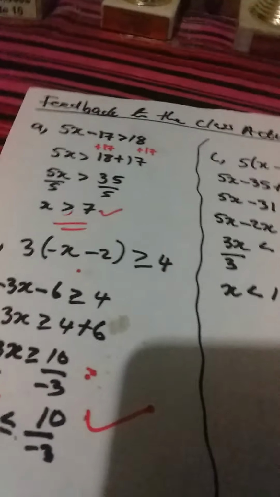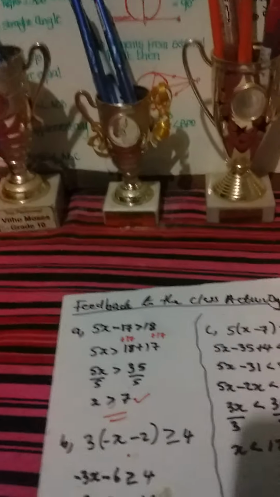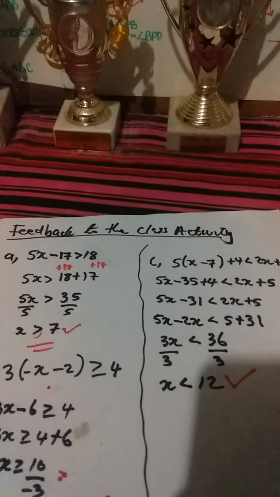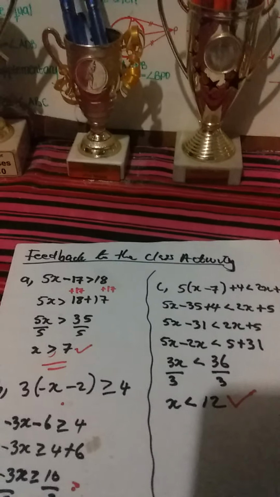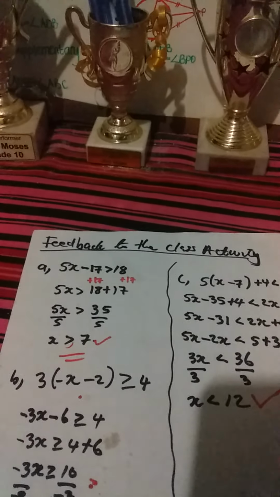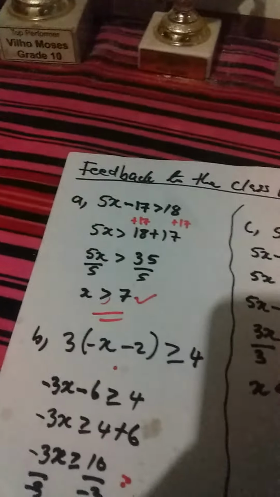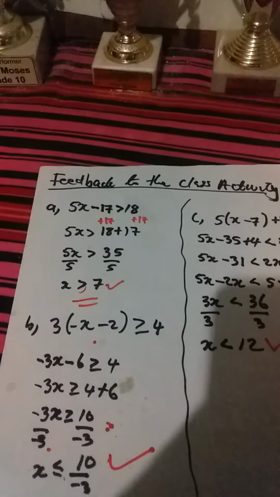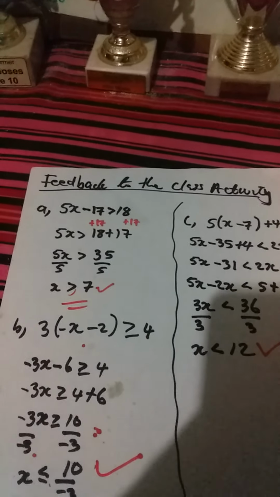All right. So by now we should be able to solve linear inequalities. We should be able to perform all the three concepts involved in solving them. That is, we should be able to expand, simplify, and end up with a solution that we can represent on a number line.